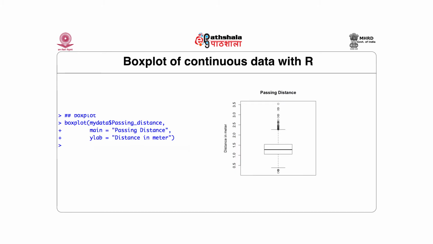So let's move on to the second thing, that is a boxplot of continuous data. In one of our previous lectures, we were looking at the fact that when you start cleaning your data, you would like to take a look at two things.